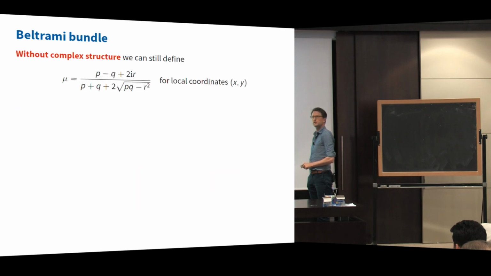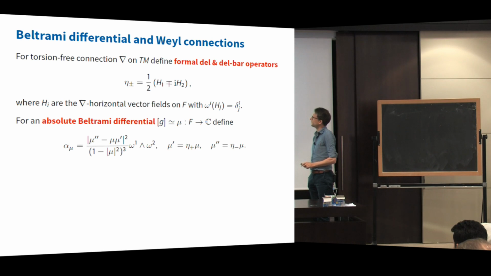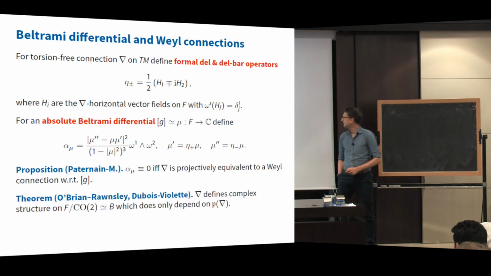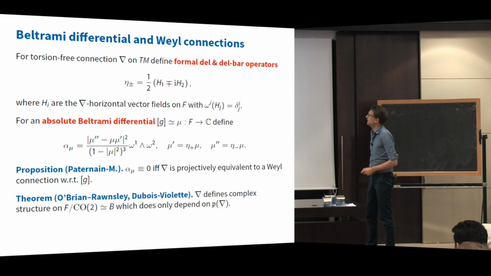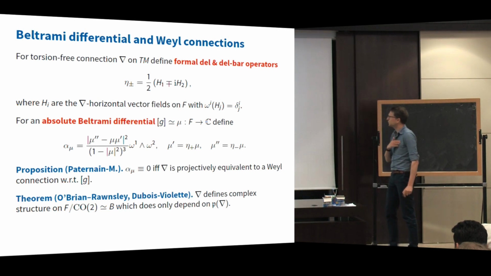So on a formal level, this looks a little bit like Beltrami's equation here. You could think, well, this mu is somehow supposed to be something holomorphic. This is a naive thought you could maybe have, and it turns out that can be made precise. This is a result which has its origins in twistor theory.